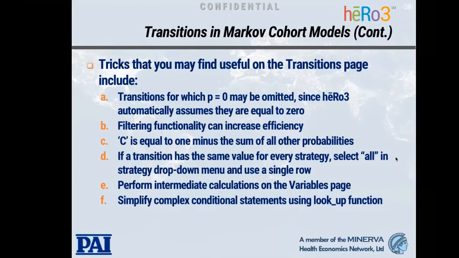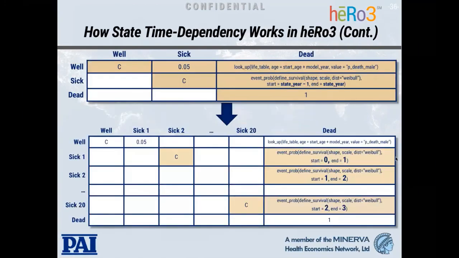So just going back to our state time example, when we created that state time dependency, it created 26 states, 1 for each cycle. Now, you may not want to do that if you have 200 cycles. Maybe you want to cap it at 10 tunnel states and have the transition probabilities for the last tunnel state carry forward.